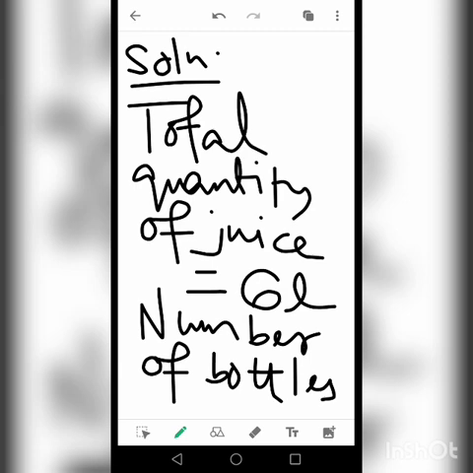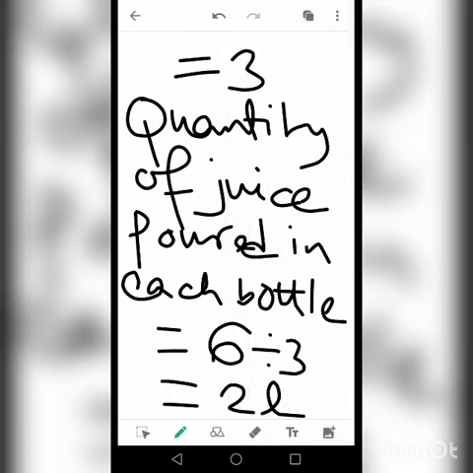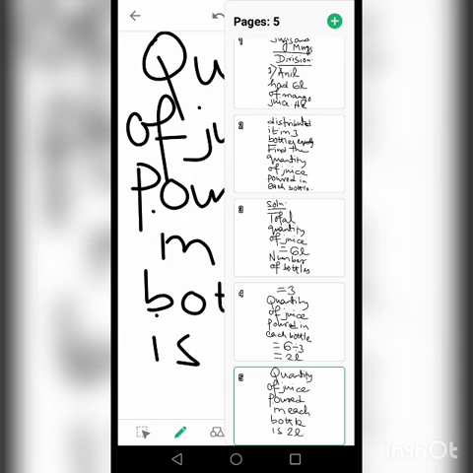So the solution will begin like this: total quantity of juice is equal to 6 liter, number of bottles equals 3, quantity of juice poured in each bottle, 6 divided by 3 is equal to 2 liter. Final statement: quantity of juice poured in each bottle is 2 liter. Now we move to our next question.